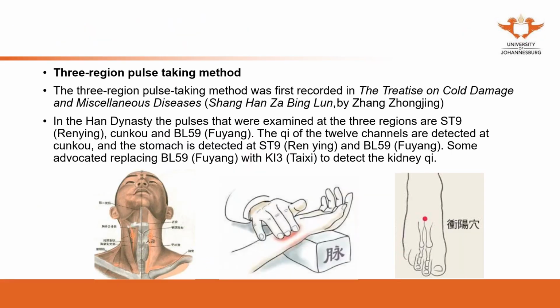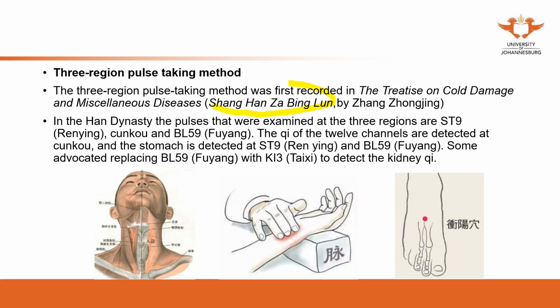The second diagnostic method is the three-region pulse taking method. This method was recorded in the Shang Han Lun, the Treatise on Cold Damage. This is the English translation of Shang Han Lun.